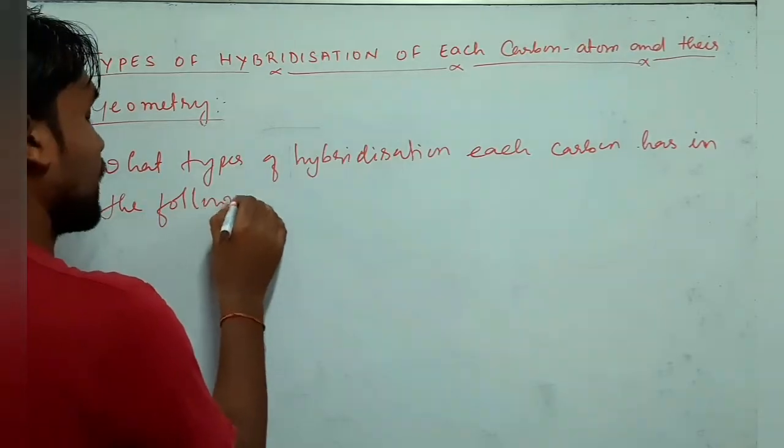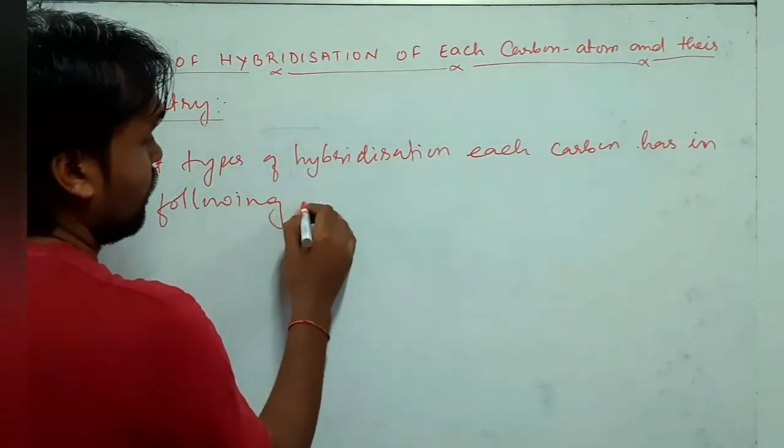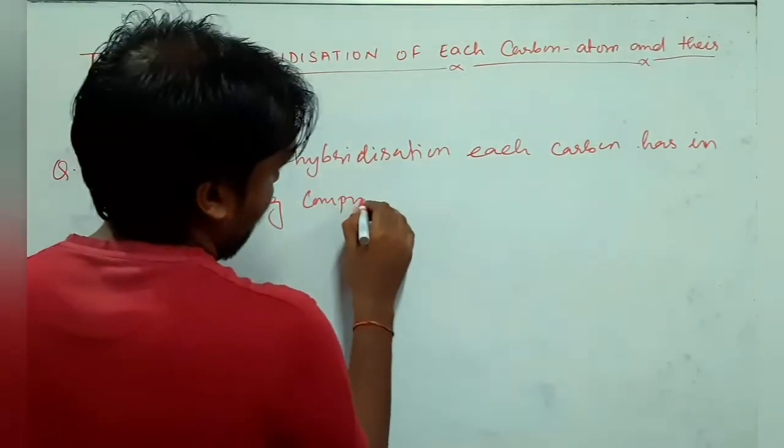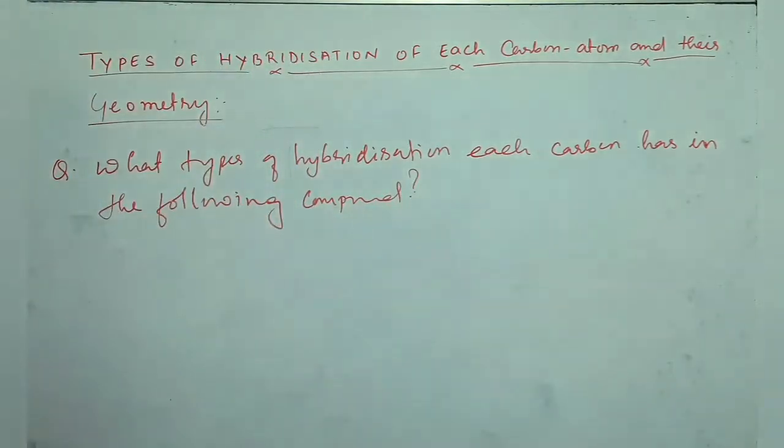It means we are going to find out the hybridization of each carbon in the following compounds. So this is the question.